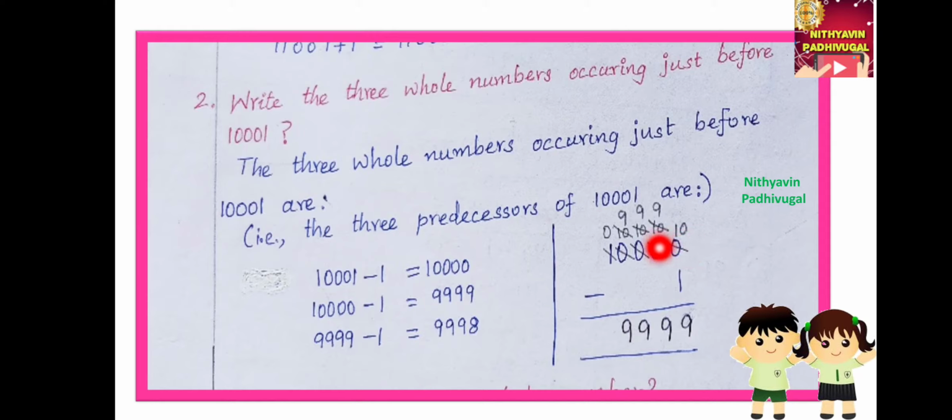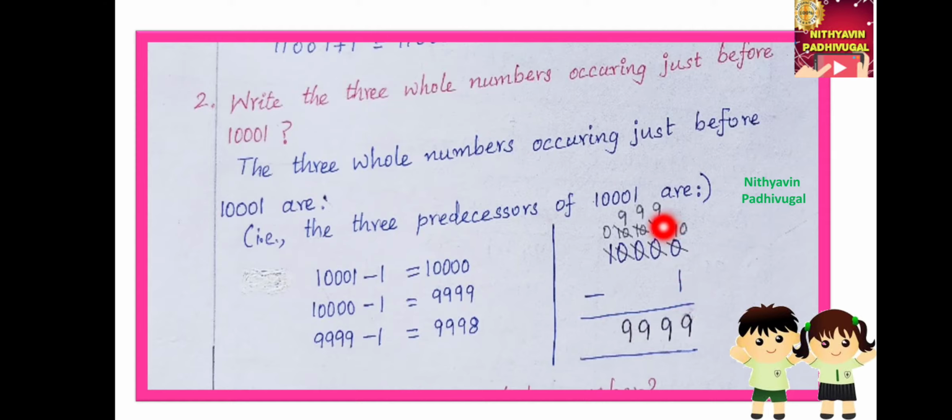So 10 tens minus 1 ten gives you 9 tens. So the number we have here is 9, 9, 9 and 10 in the ones place. 10 ones minus 1 ones is 10 minus 1, so 9.